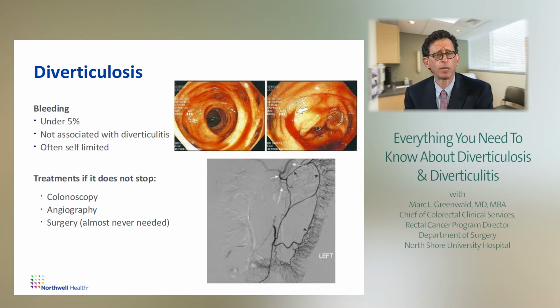And that can stop bleeding also. Again, these things are not typically needed because bleeding often stops by itself. Even more rare is the fact that surgery is needed for bleeding. That's very rare. That's only when colonoscopy and angiography don't work.